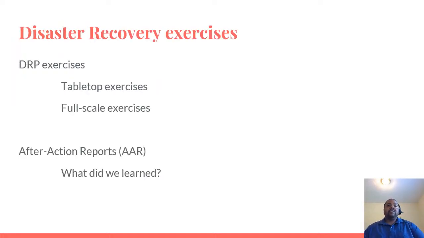Going into disaster recovery exercises, you mainly have two: either a tabletop or a full scale exercise.